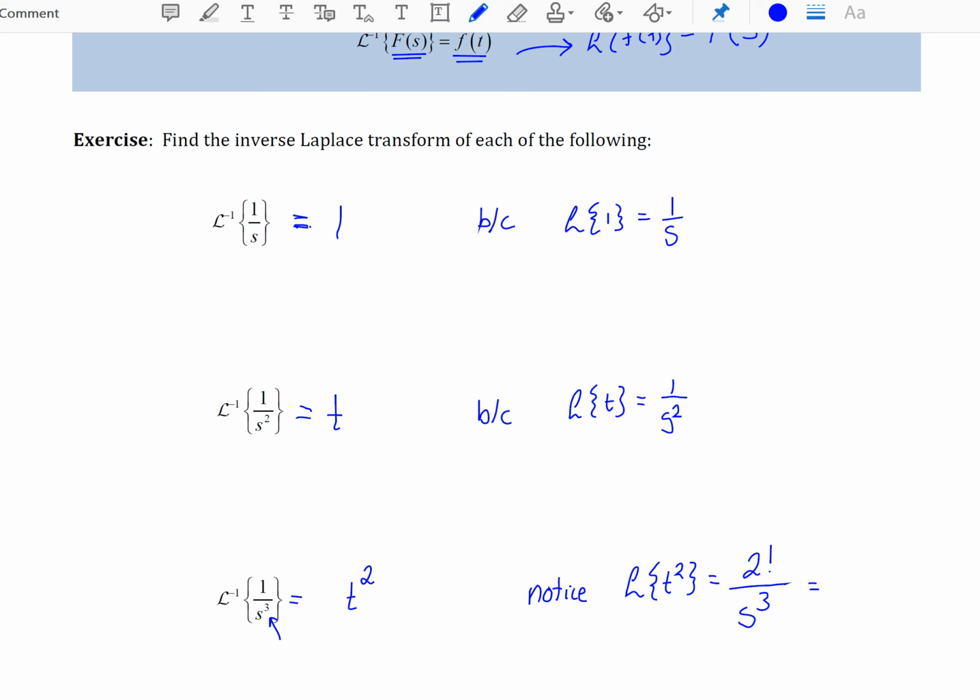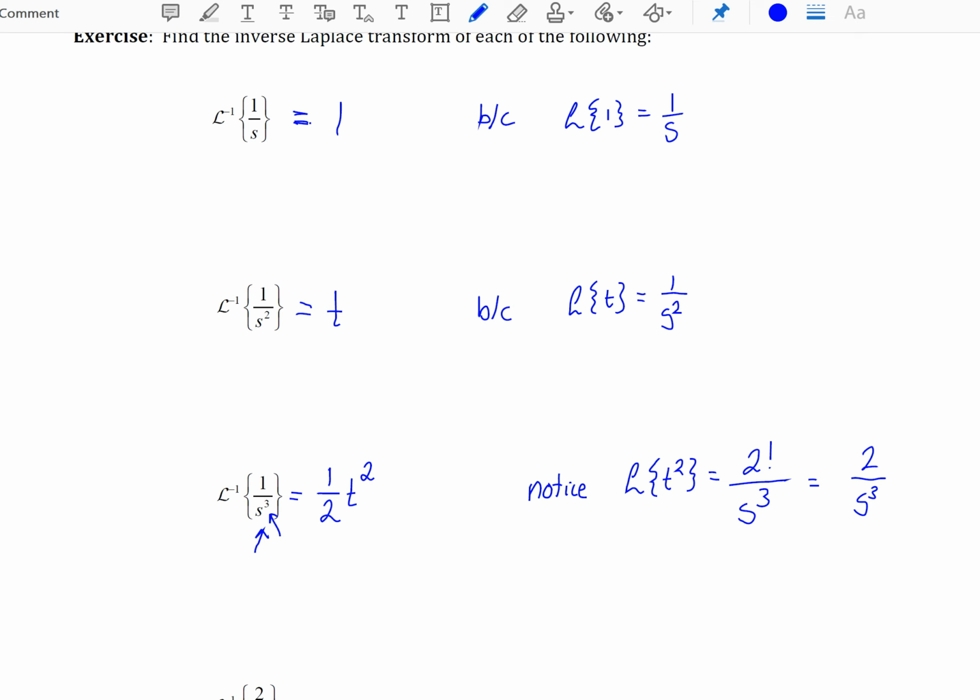And again, 2 factorial is just 2 over s cubed. But this is not what we had. We did not have 2 over s cubed, we had 1 over s cubed, which means I've got to do something to get rid of that factor of 2. So what if you decided to multiply this by a half? That extra factor of a half will cancel out that 2.